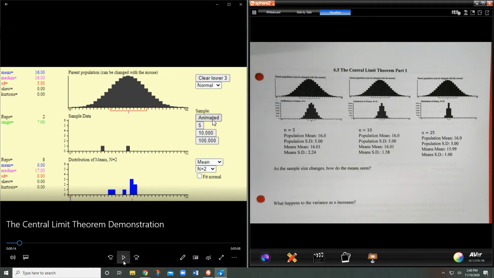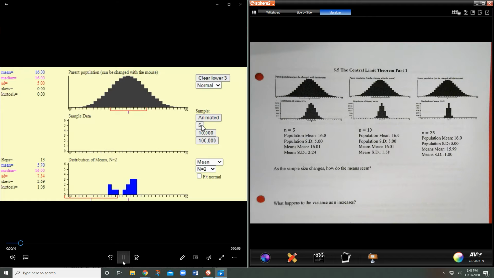So I'm taking multiple samples of size 2 here. We want to know what the averages will look like if I do this for lots and lots of samples. If I continue, now I'm going to go groups of 5 and then up it to 10,000 and 100,000 samples at a time.